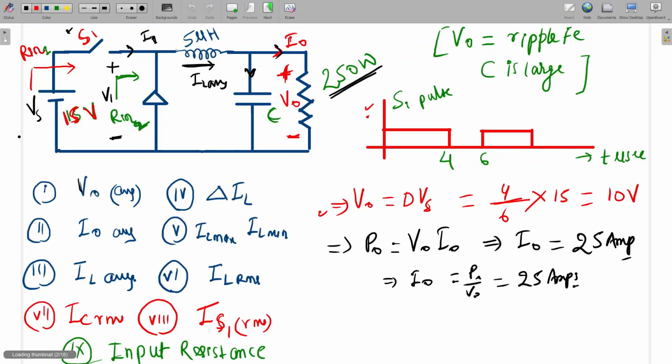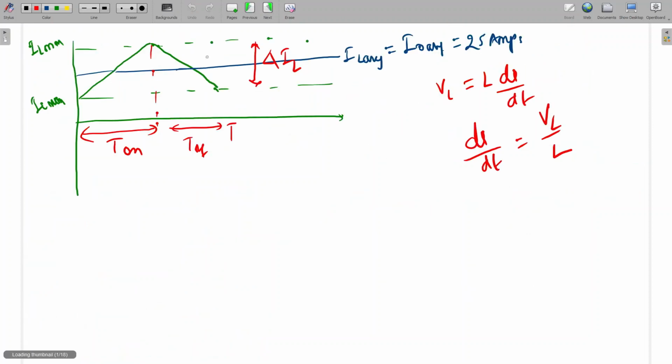So coming to the circuit, this is the VL, here plus and here minus. During the on duration, what will this voltage be? When this switch is on, this voltage will be Vs minus V naught. From this waveform we can observe what this di by dt will be.